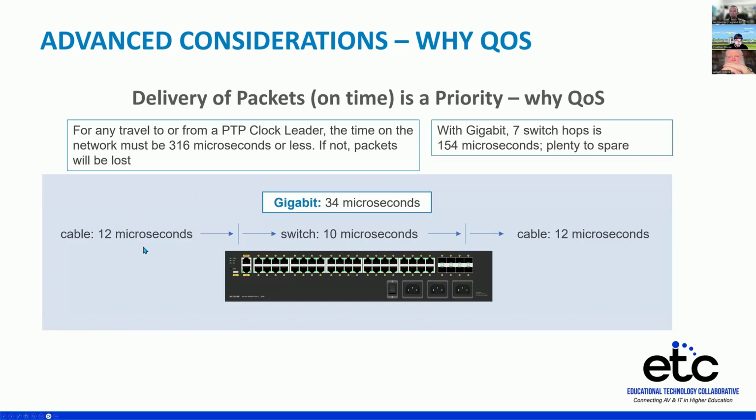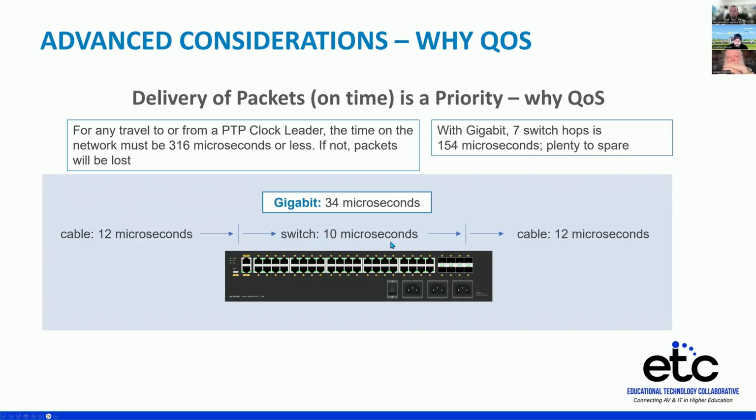So keep in mind that the physical cabling, the layer 1 cabling within a network, also introduces latency. A typical Cat6 category cable that is going to connect a peripheral device to a network switch is going to introduce up to 12 microseconds of delay just over those electrical pulses that go between those two devices.